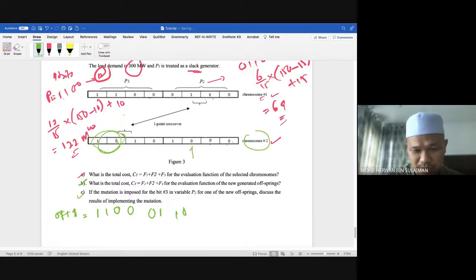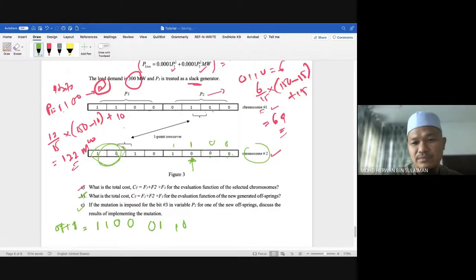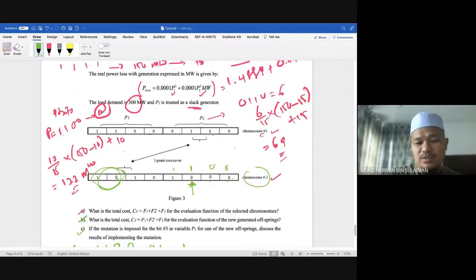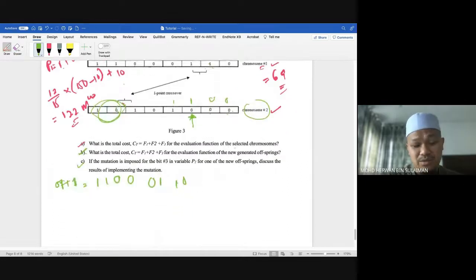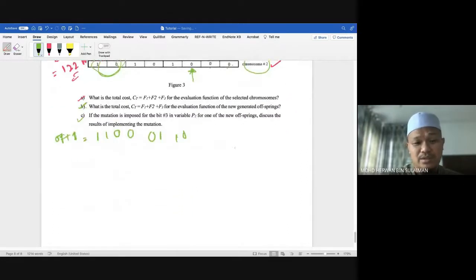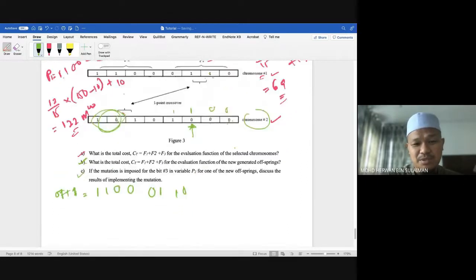So bit number 3, you change from 0 to 1. In that you get 1100. So again, you need to calculate the value of P2 by using the similar equation. So that is how we answer the question of this particular example.